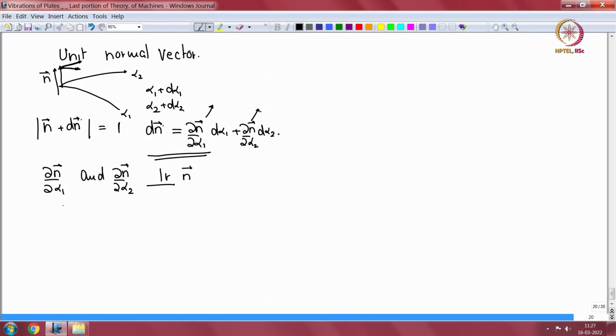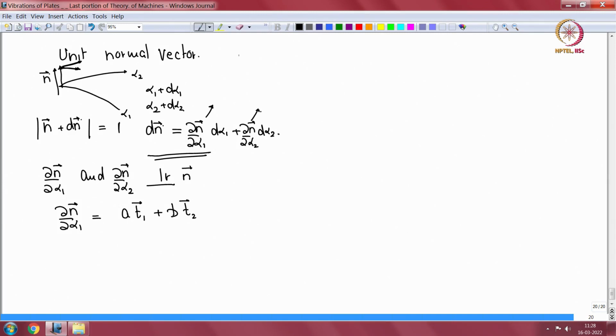So let us say now that del n by del alpha 1 lies in the alpha 1 alpha 2 directions, and we have found T1, T2 are unit vectors. So it is a unit vector in the one direction plus some value b times a unit vector in the two direction.